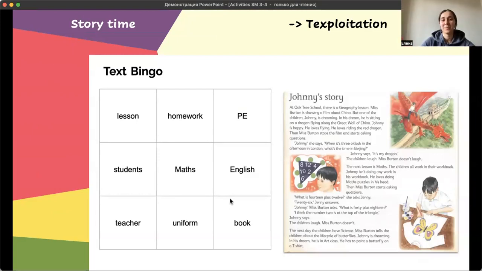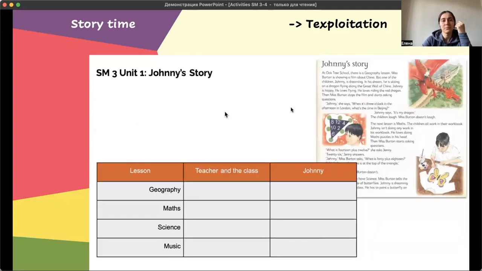Okay, some of you asked about story time texts. Karina told us a lot of very nice things and brilliant ideas in her workshop or session about exploitation. So we can watch it again and implement her ideas like text bingo or this chart.